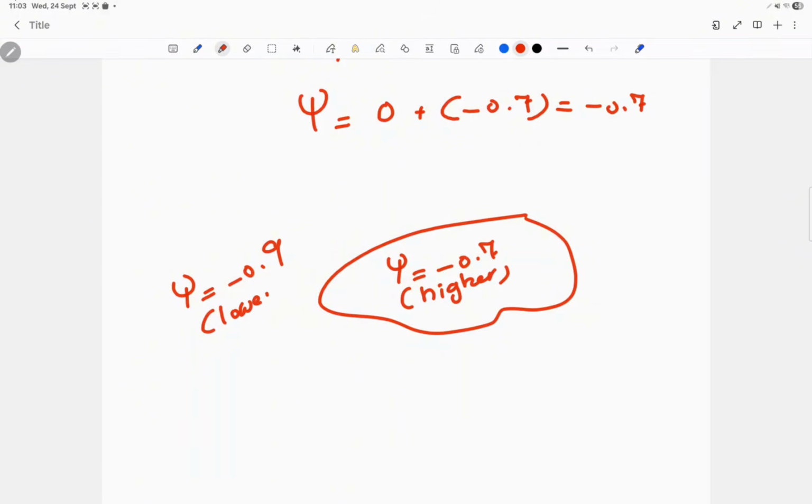Don't forget that these are negative numbers. So negative 0.9 is less than negative 0.7. It's the opposite. So water will now leave, going from the higher water potential to the lower water potential, and now the cell is going to lose water.